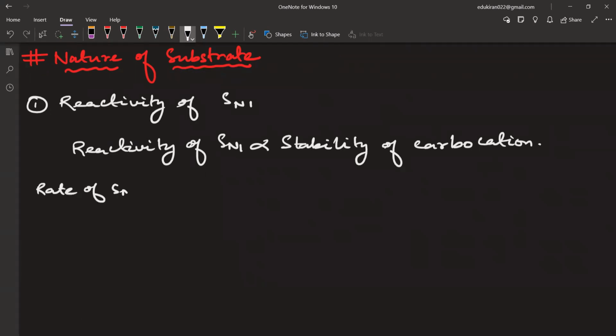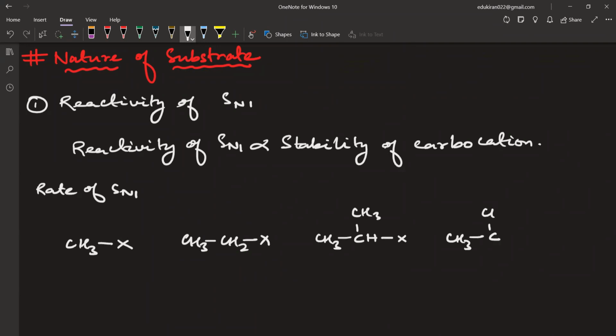The molecules given are CH3X, CH3CH2X, CH3CHX with one more CH3 attached, and a carbon with one methyl group above, one methyl group below, and an X atom. All the halogen atoms are the same, all of them are fluorine. So we are not comparing the rate of reaction on the basis of halogen atom.